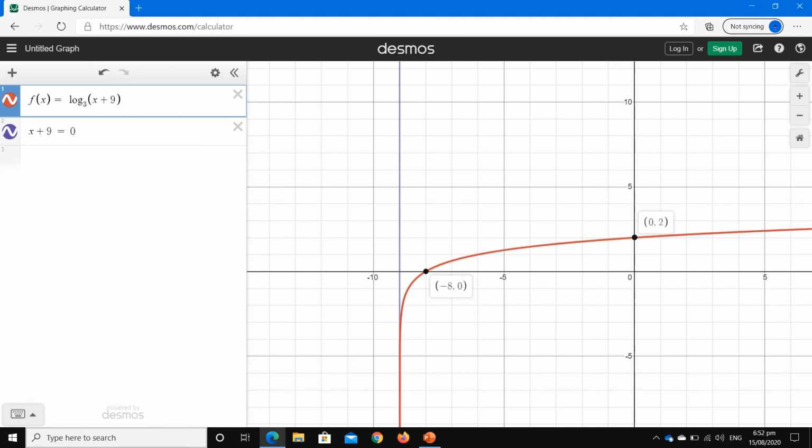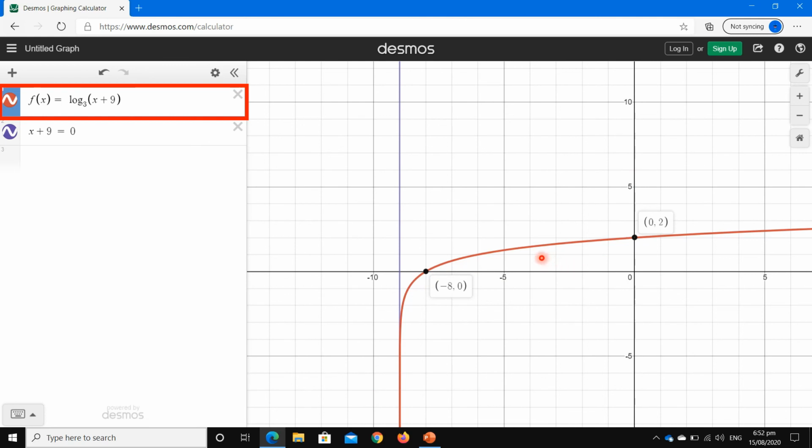And for our last example, we have f of x equals log of x plus 9 to the base 3. This function is represented by this red curve. Again, this curve passes through the x-axis and the y-axis.